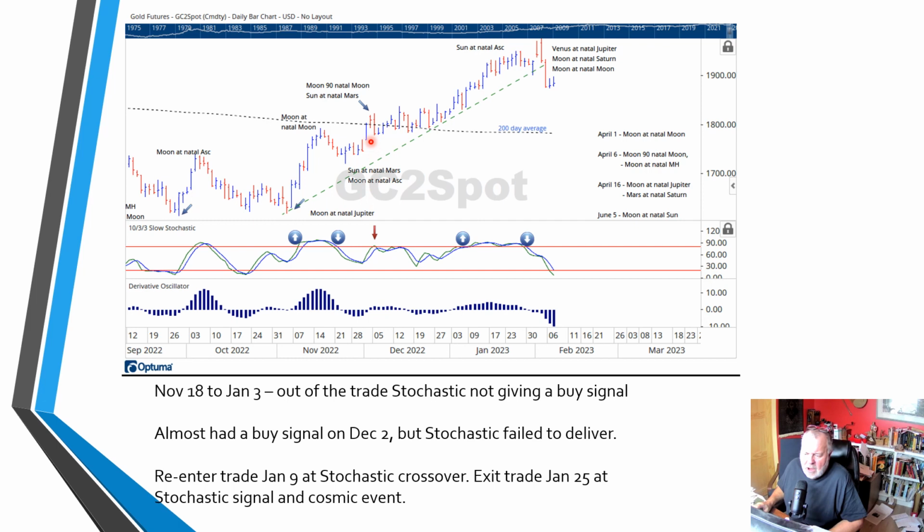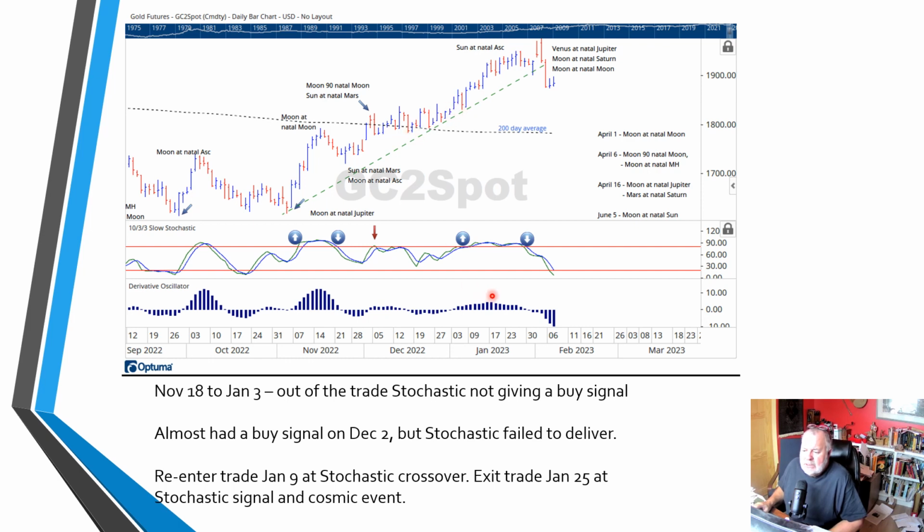What would you have lost? Well, the answer is not a hell of a lot. Maybe $20 or $30 an ounce. And so sometimes it's wise to just heed the technical indicators, especially when there's nothing in the way of cosmic events.